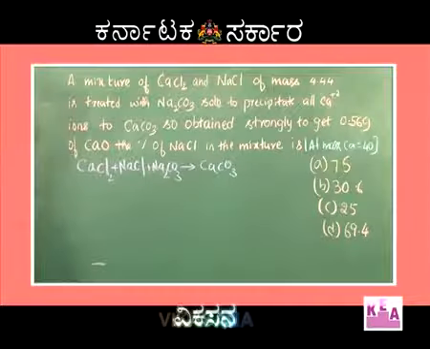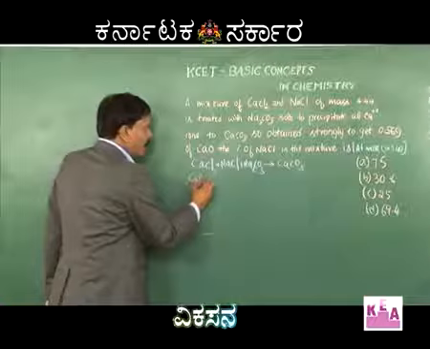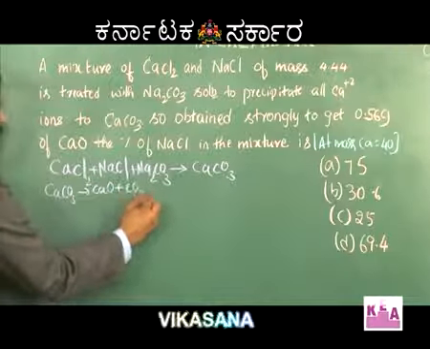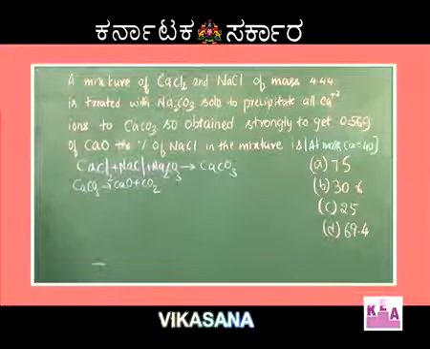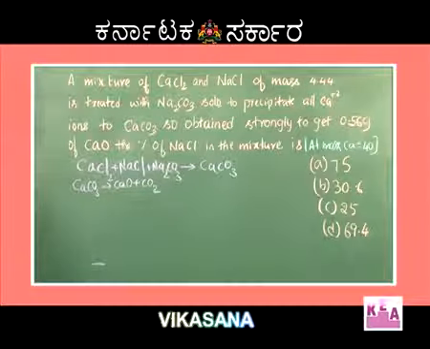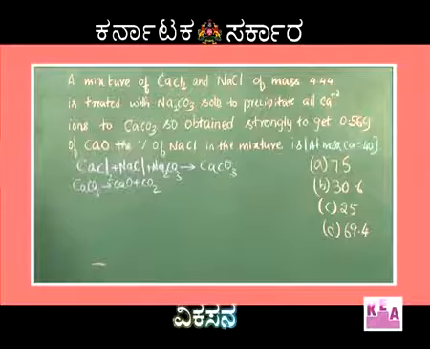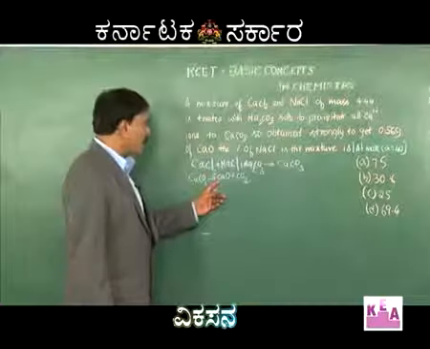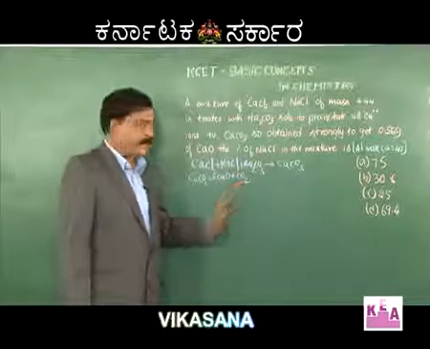Later on, what we do is we heat this calcium carbonate, which gives you CaO and CO2. Please note here that this equation is balanced. 1 mole of calcium carbonate on heating will give 1 mole of calcium oxide and 1 mole of carbon dioxide.